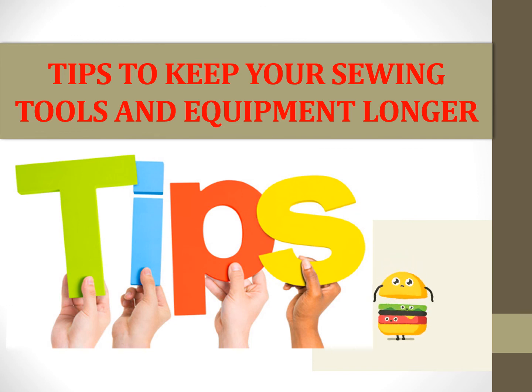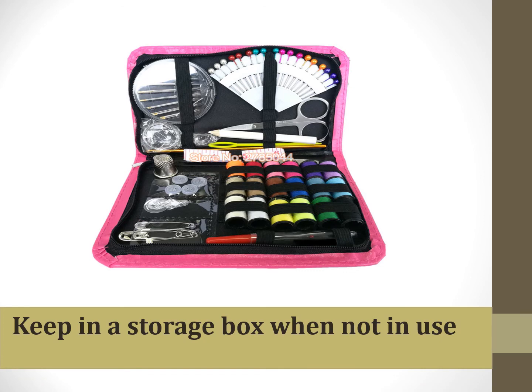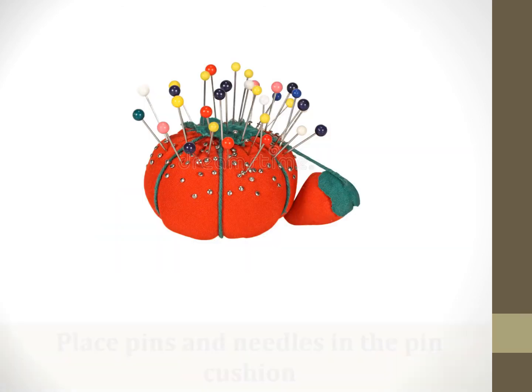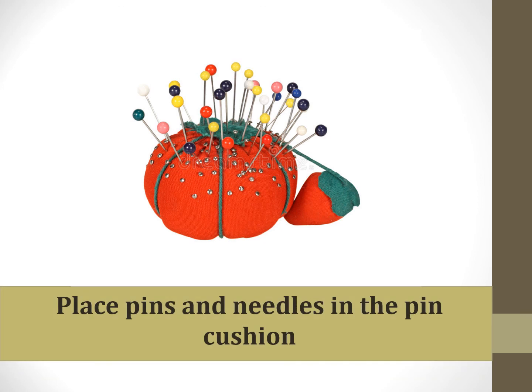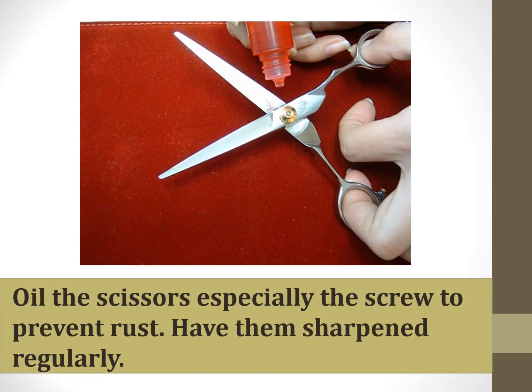Tips to keep your sewing tools and equipment longer. Keep in storage bags when not in use. Place pins and needles in the pin cushion. Oil the scissors, especially the screw, to prevent rust.